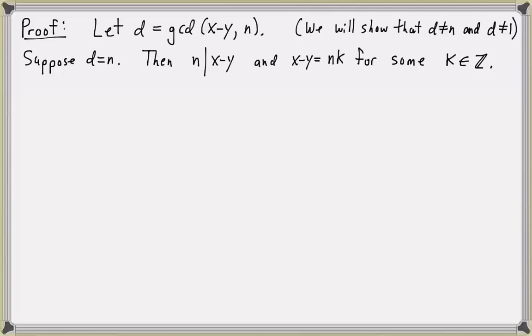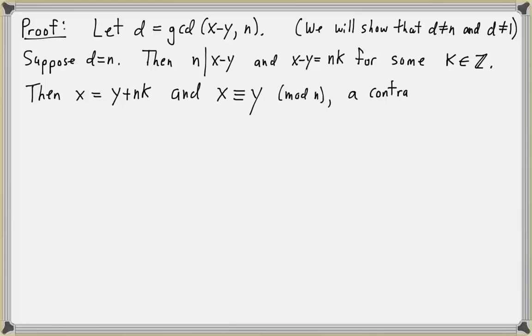Then adding y to both sides of this equation, we see that x equals y plus nk, and therefore x is congruent to y mod n. This is a contradiction, because we assumed that x is not congruent to plus or minus y mod n. Therefore, d does not equal n.